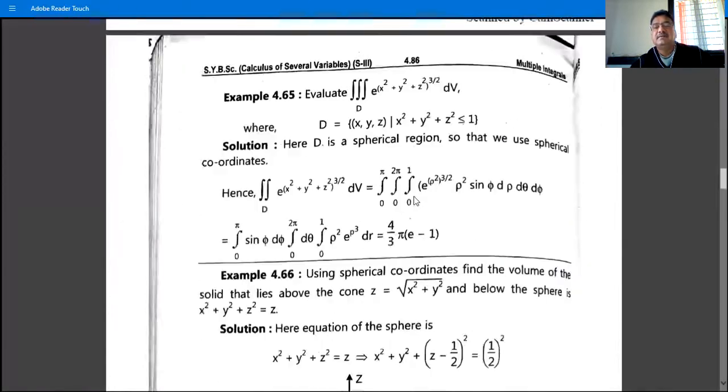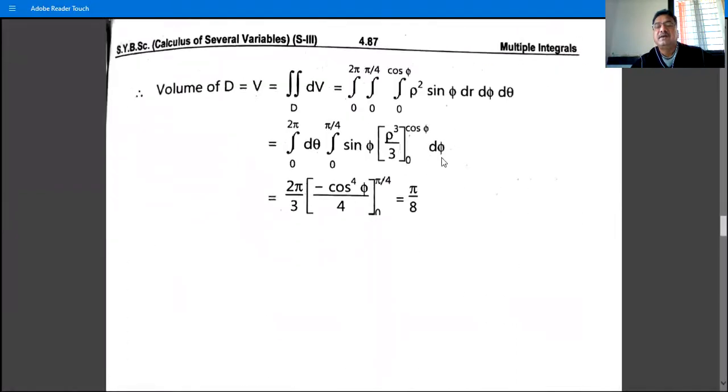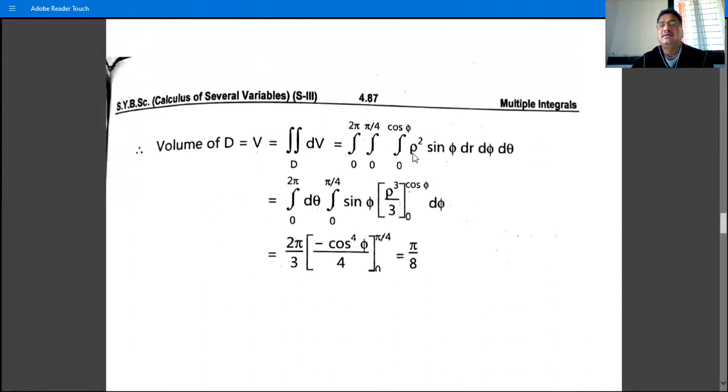So it is a triple integration, not a double integration, triple integration over D of 1 dV, and therefore dV, that is dx dy dz, is replaced by rho square sin phi dr d phi d theta.